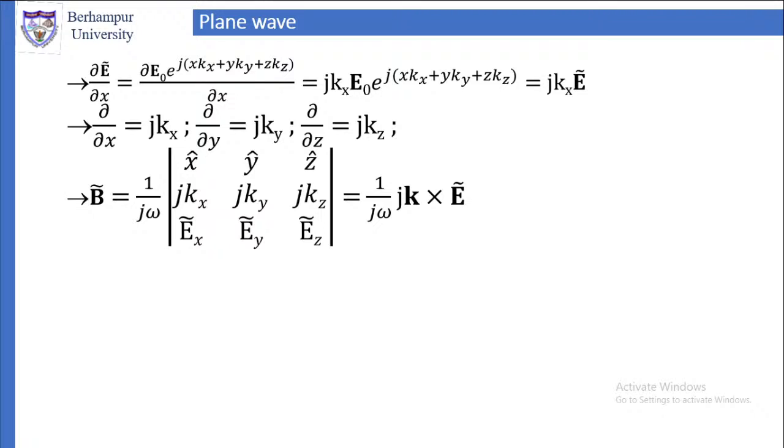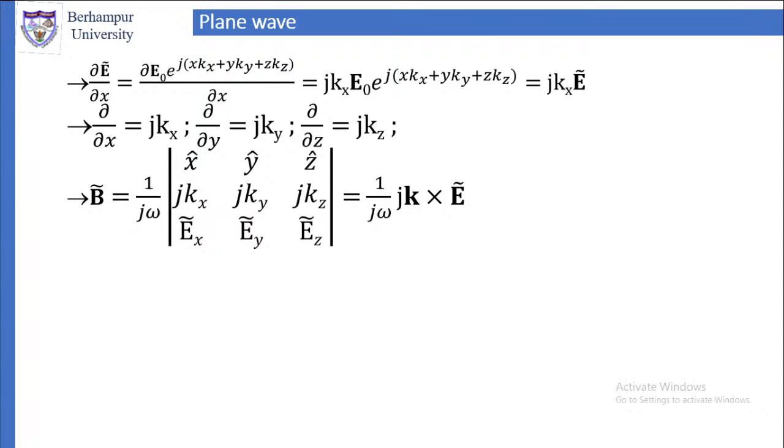Now B tilde is equal to 1 by jω into the determinant of x cap, y cap, z cap, ∂/∂x, ∂/∂y, ∂/∂z, Ex tilde, Ey tilde, Ez tilde. Now for ∂/∂x, we'll write jkx. For ∂/∂y, we write jky.